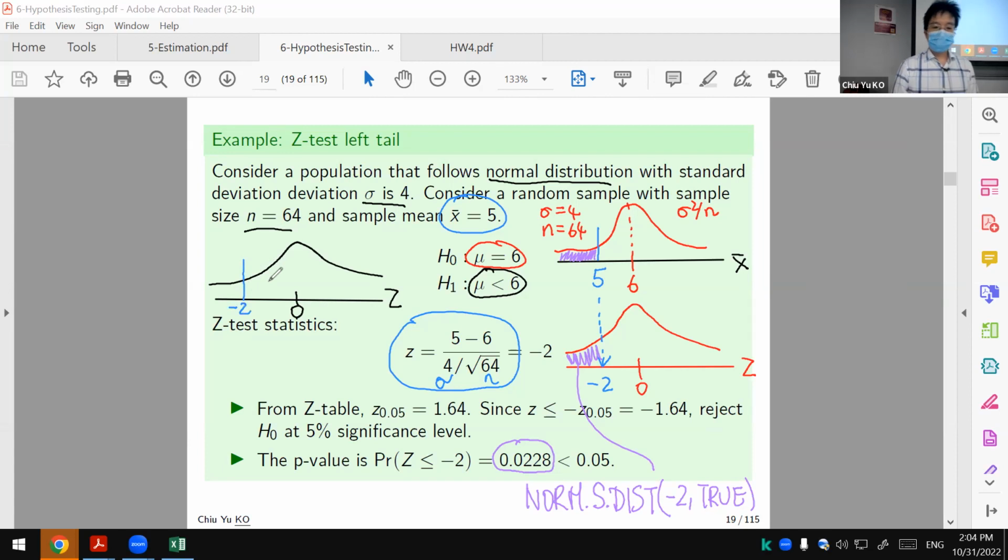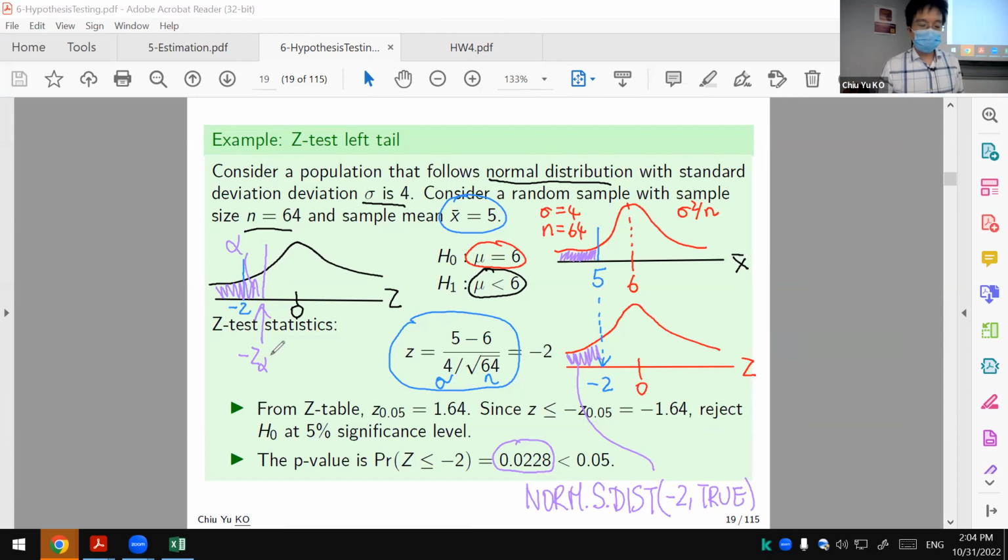So what we want to show is indeed the critical value, which is given by, this is alpha, so this value is -Z alpha. So I want the 5% on the left-hand side.